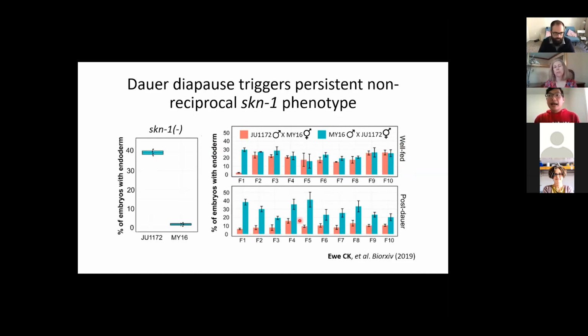Crosses with a high mom stay high, and crosses with a low mother stay low. I want to stress that the progeny had not experienced starvation, only the parents that started the cross did. That is, metabolic stress in one generation can trigger a persistent parent-of-origin effect, POE, in gut development.